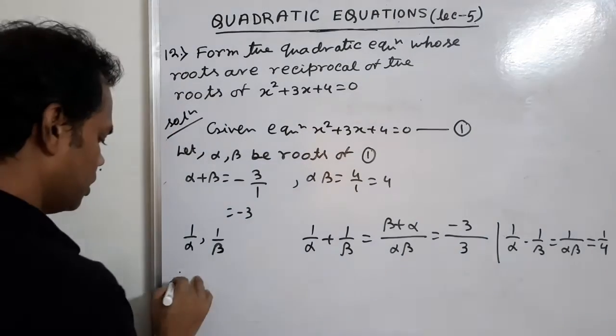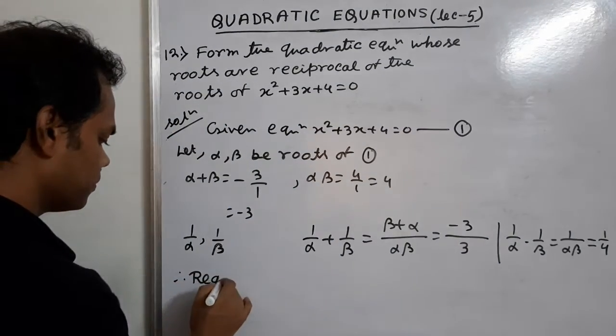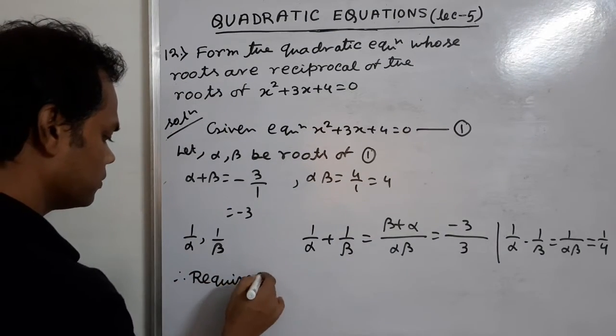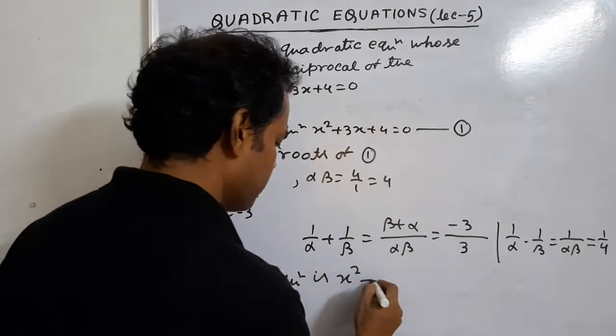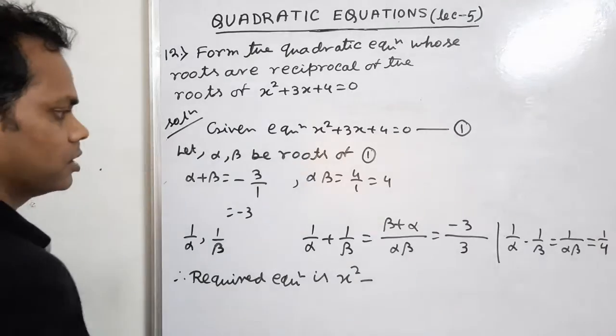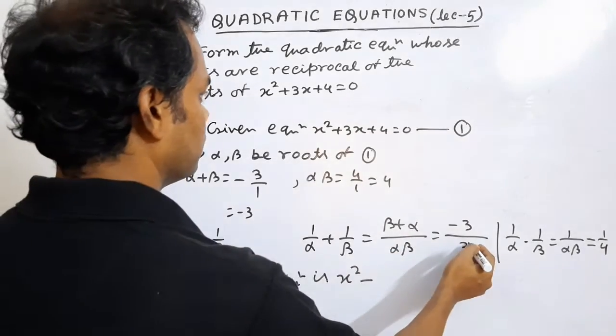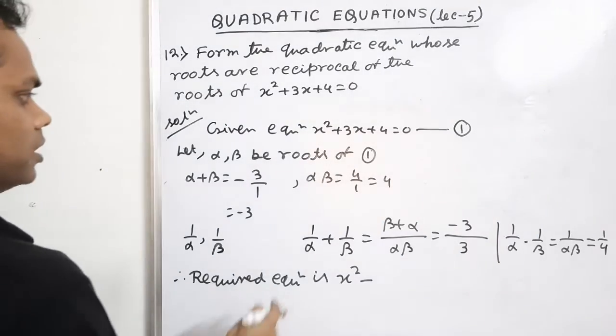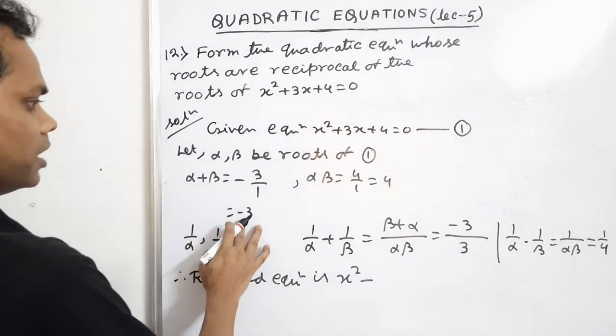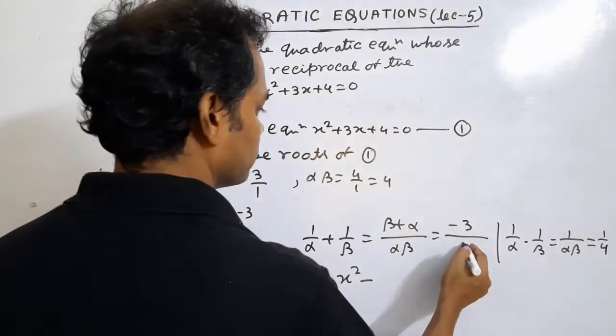So the required equation is x square minus (sum of roots) x plus product of roots. Here there is a mistake: alpha plus beta is minus 3 and alpha beta is 4.